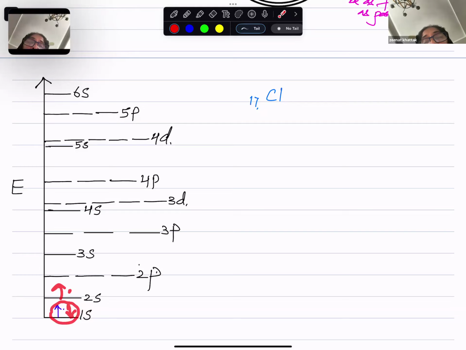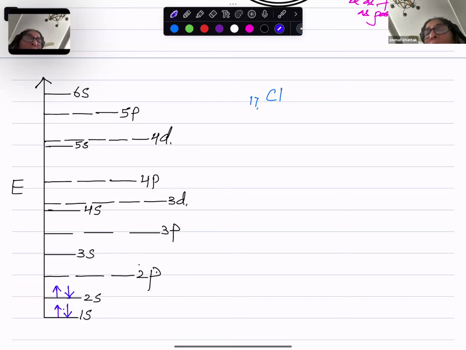So the second one, instead of going to 2s or 2p, will pair up with anti-clockwise spin. The third one has no place in this, so the third one will definitely go to 2s, right? And the fourth one can go up, but do you think the fourth will go at high energy or will pair up with anti-clockwise spin at low energy? Definitely.